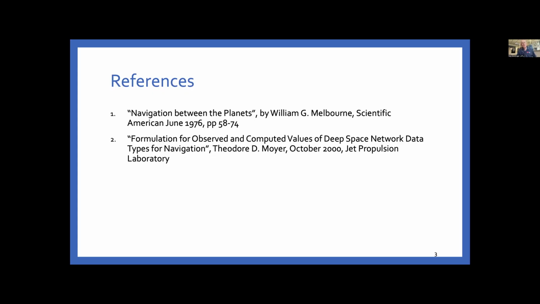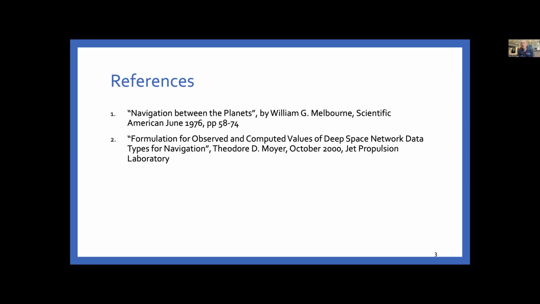In this article, the very first plot is a history of the uncertainties of the Viking spacecraft as they were flying to Mars. And I produced the material from a database I had. So having no qualms about plagiarism, I've captured a few figures from this paper, and we're going to go through them today.